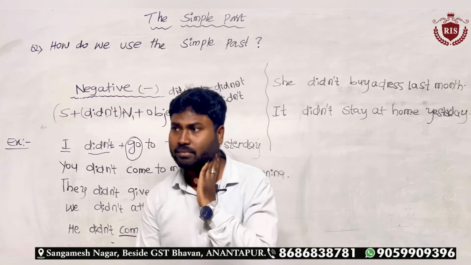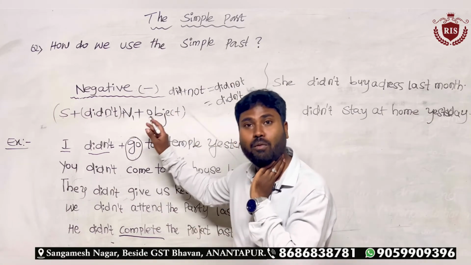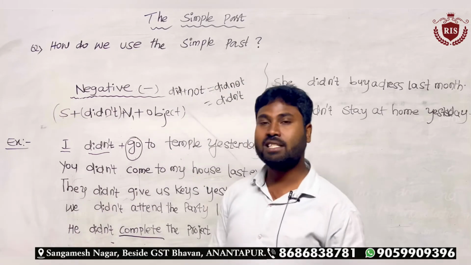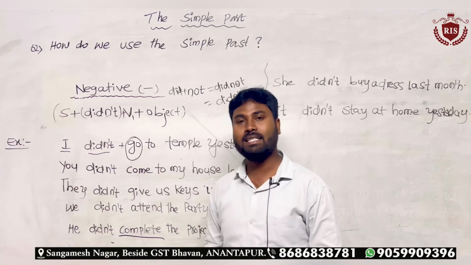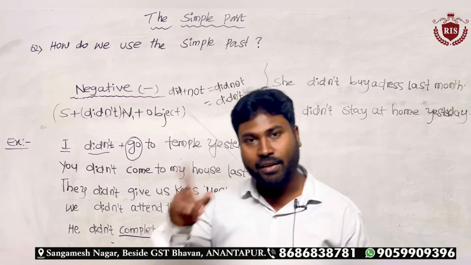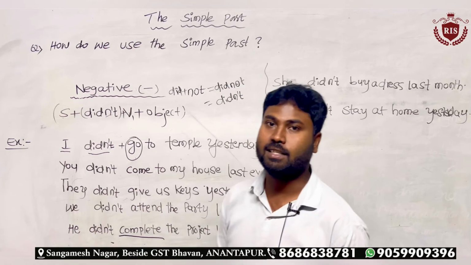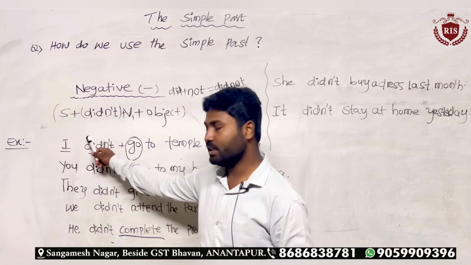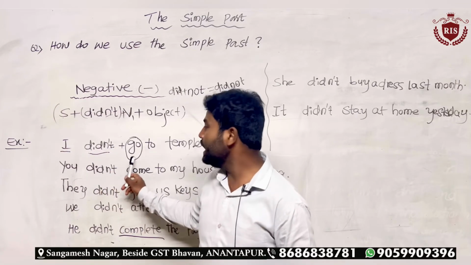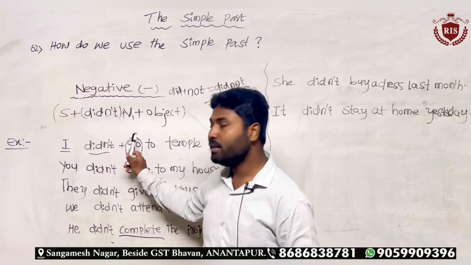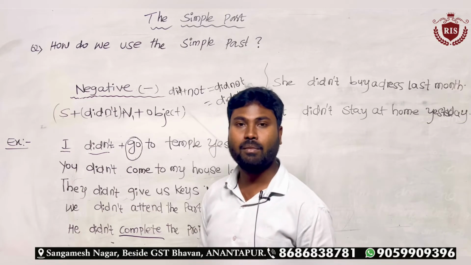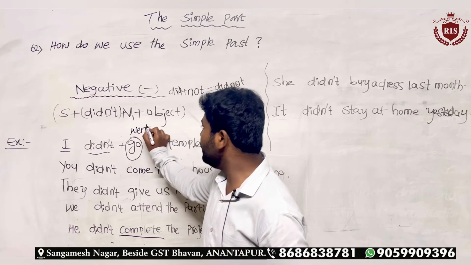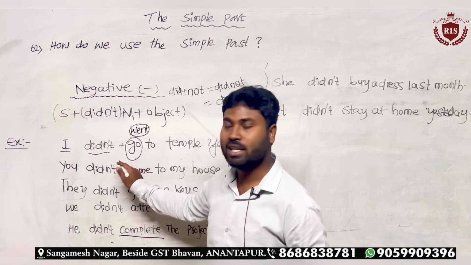Do remember, when we deal with positive sentences, after the subject there should be only the simple past form of the verb, right? Only V2 should be there in the positive sentence. But in the negative sentence, after using didn't, you should not use the simple past form of the verb again. You cannot use the V2 form of the verb in negative sentences.